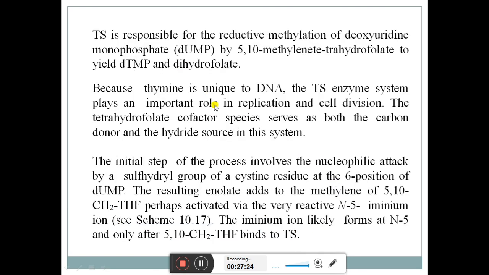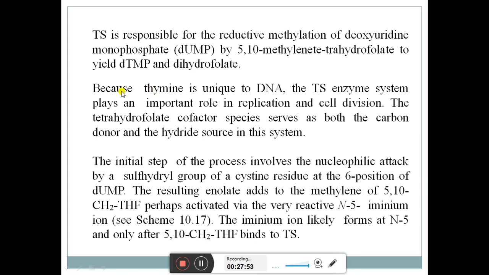So next, thymidylate synthase is responsible for the reductive methylation of deoxyuridine monophosphate by 5,10-methylene tetrahydrofolate to yield deoxythymidine monophosphate and dihydrofolate.